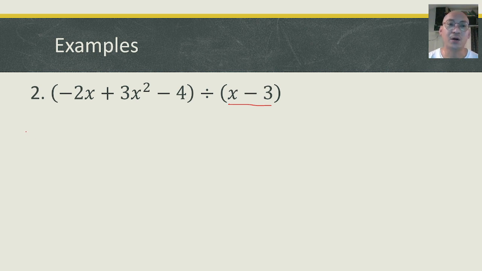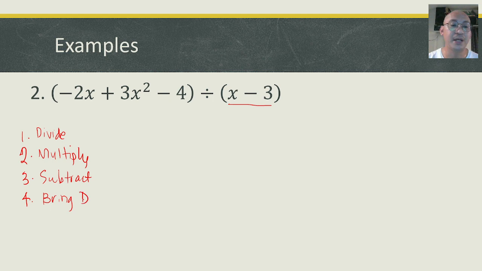If we recall dividing using the division house, we have 4 steps. The 4-step process: first we divide, then we multiply, then we subtract, and lastly bring down the rest of the terms.